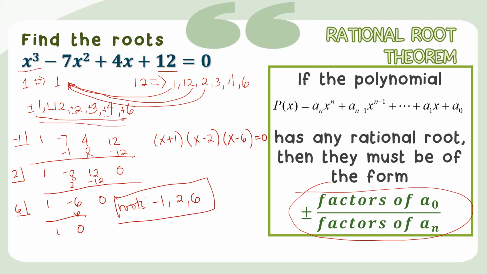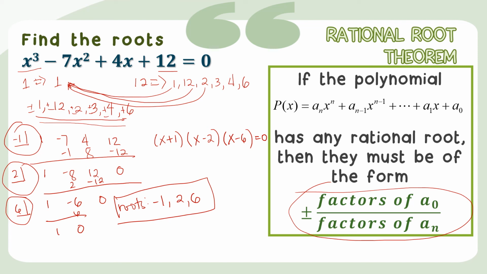Yan. Or, kung mapapansin nyo, yung mga test 0 natin na tumama or nagbigay ng zero remainder, sila na rin yung roots natin. So, ganun lang. Again, si rational root theorem ay nililimitahan lang niya. Pinapaliit lang niya yung bilang ng ating choices sa mga test zero. Para nga naman mas madali.